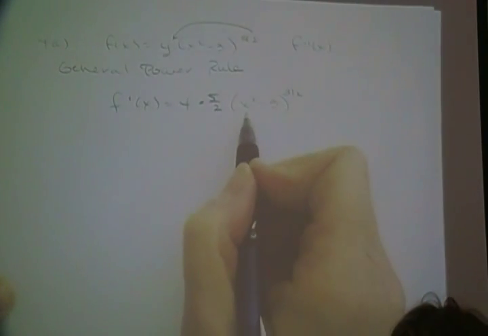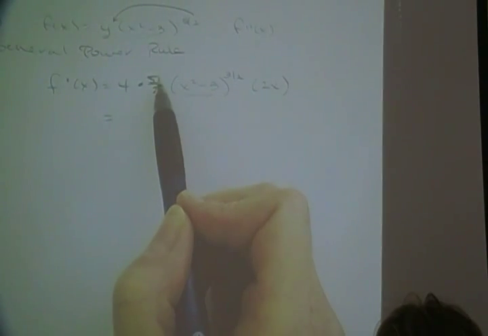And I'm going to leave the 4 where it is because it's a constant multiple. I'm going to bring the 5/2 down, so it's going to multiply by that 4. I'm going to leave the function just as it is, but drop its degree to 3/2. And then I have to multiply by the derivative of the function, which is 2x.